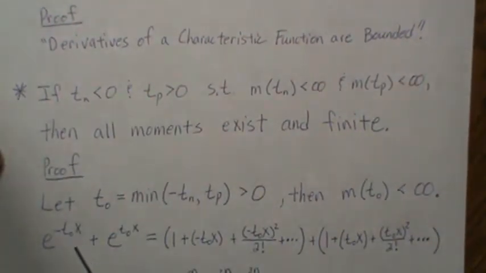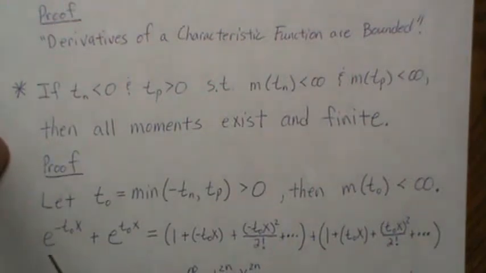So now, if we look at the Taylor expansion of these two values, e to the minus t0 x and e to the t0 x. This first one is the Taylor expansion, and then the second is the Taylor expansion, and then if we add these, we get 2, but then this term drops out, and then we get 2 of these, and the next term drops out.